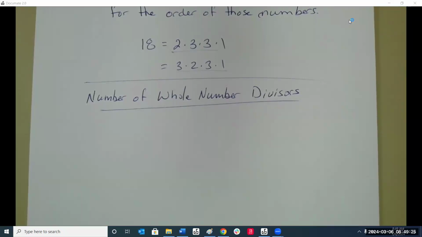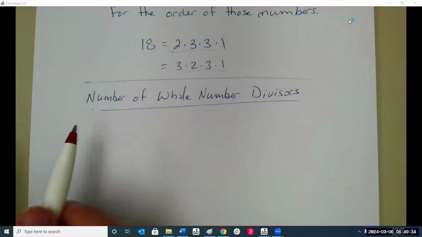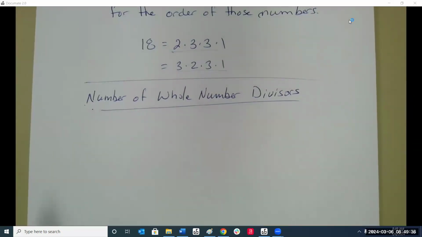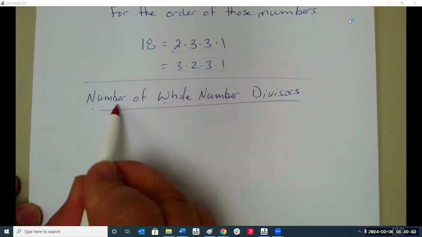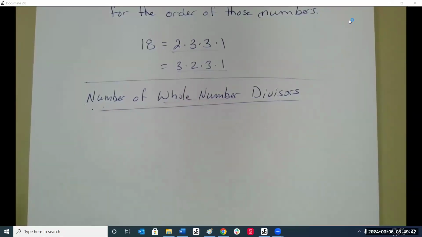How many times could 18 be divided? Not the number of times, it's what numbers divide 18. In other words, how many whole numbers are made up of there? So it could be everything. Because, for example, if it was 18 divided by 9, 9 is made up of 3 times 3 or 1 times 9. So all those.